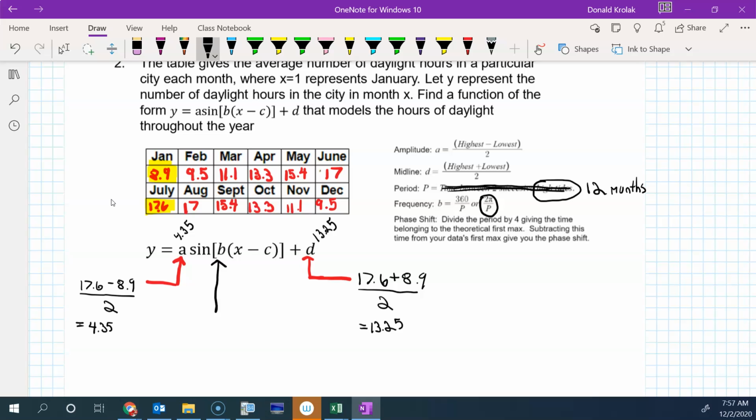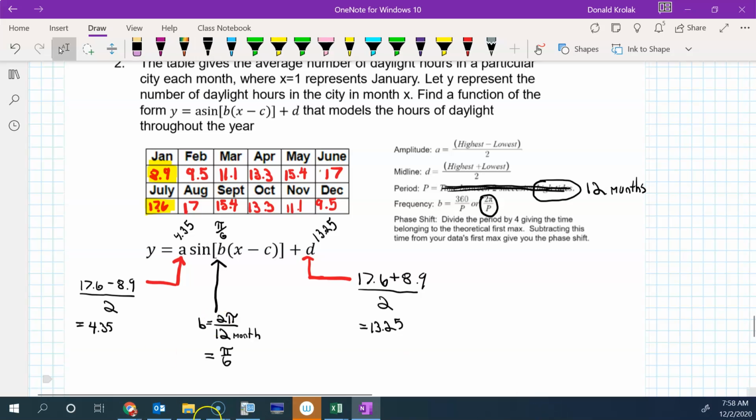So to get the frequency B, we're going to take 2 pi and divide it by the period, which is 12 months. So, yep, B is pi over 6. Nope, just leave it like that.